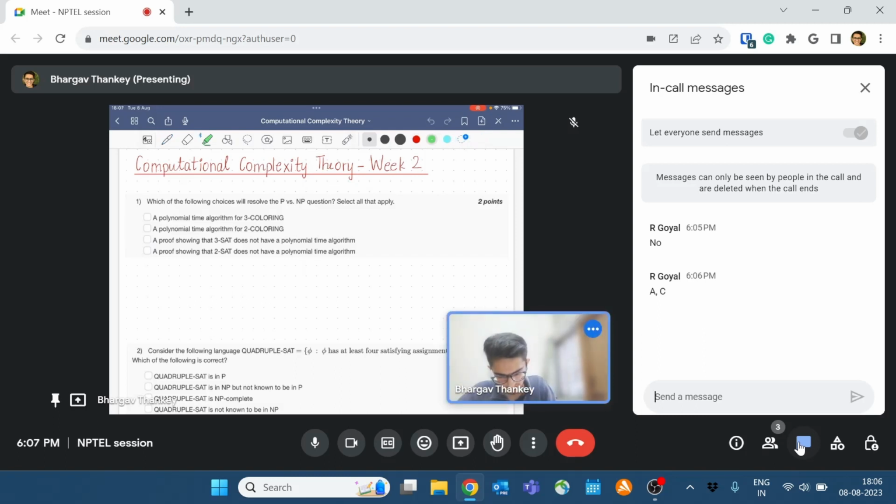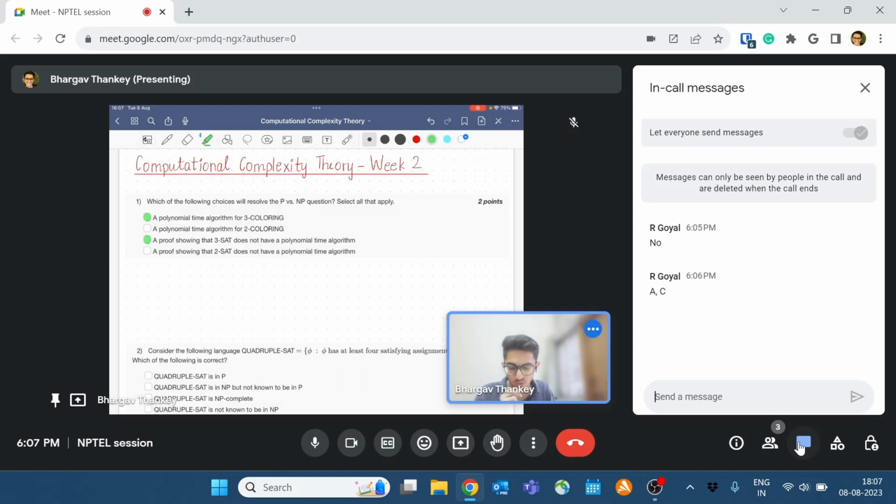A polynomial time algorithm for three coloring, yes, and C, yes. The reason is that three coloring is NP complete. If you have a polynomial time algorithm for three coloring, you also get a polynomial time algorithm for every problem in NP, and so NP is contained in P, and that would mean that P equals NP.